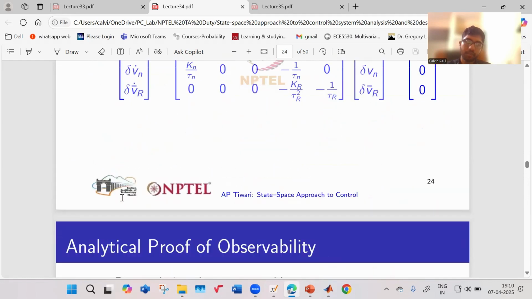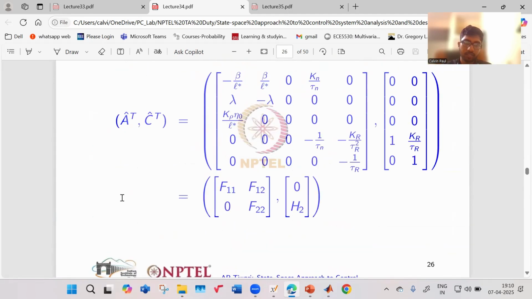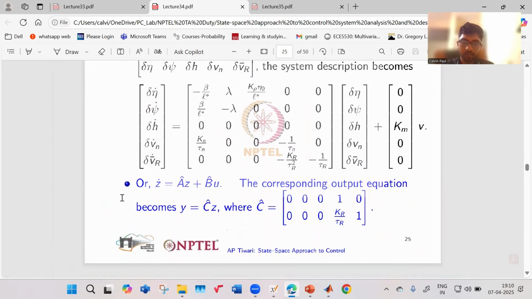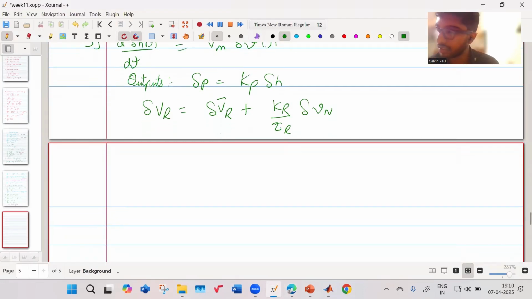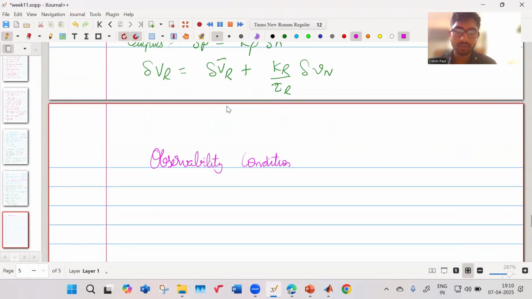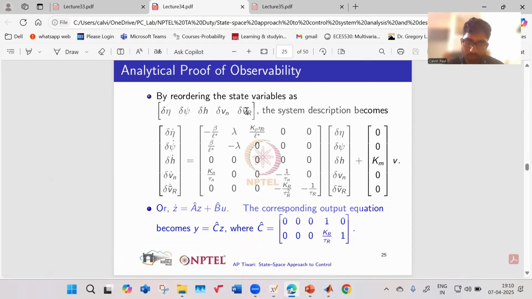P is for the observability matrix, and we have seen what has been done with C. So we will consider the observability condition. What do we have?